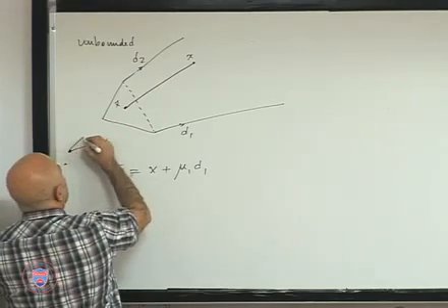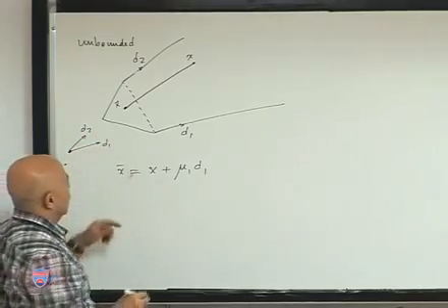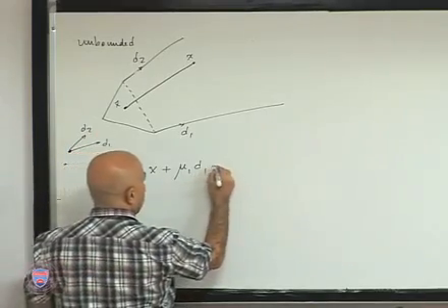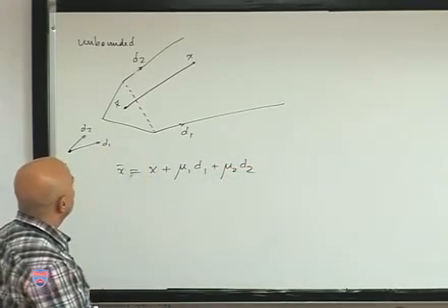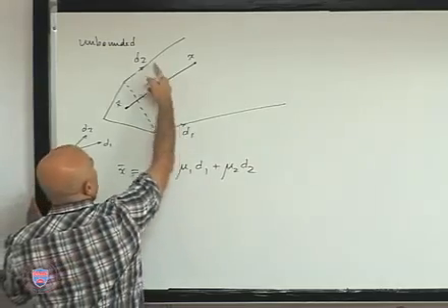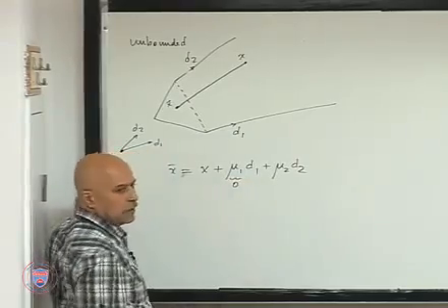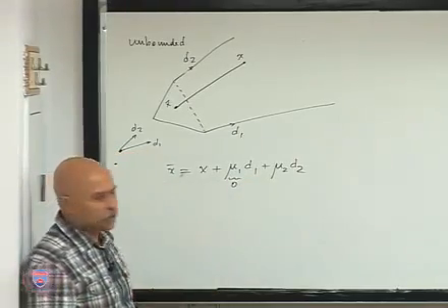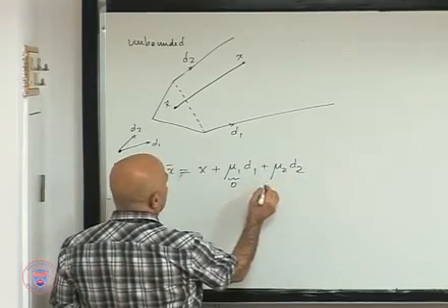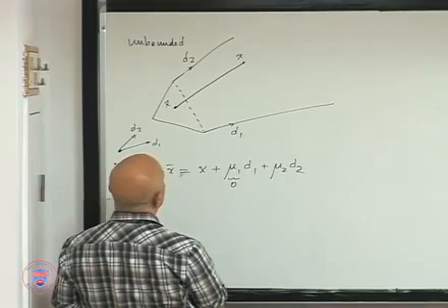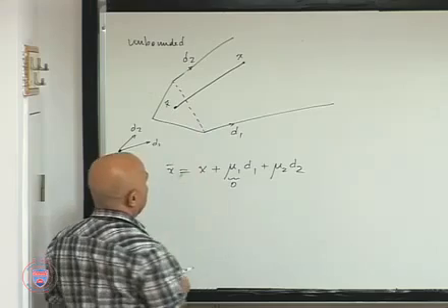There's D2 that points this way. So you're taking two multipliers, mu1 and mu2. In this case, because my line looks parallel to D2, let's just choose mu1 to be 0. You don't have to, but let's just do it that way. And so mu2 times D2 will be that. And you will get your X bar.